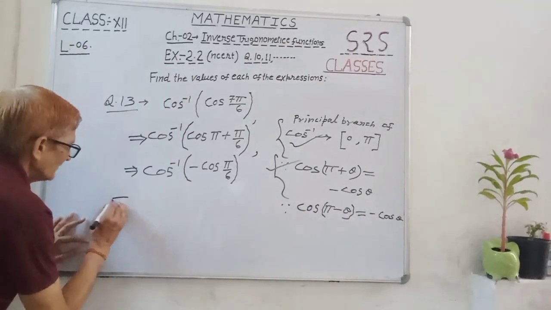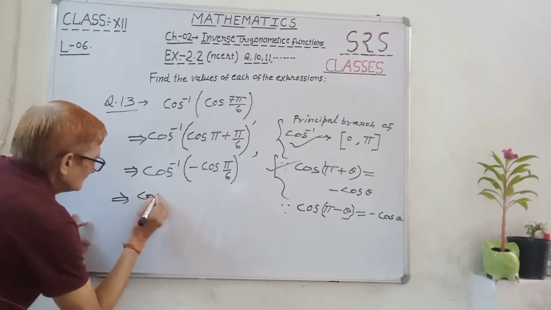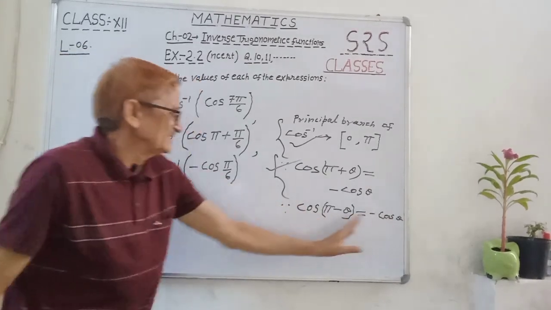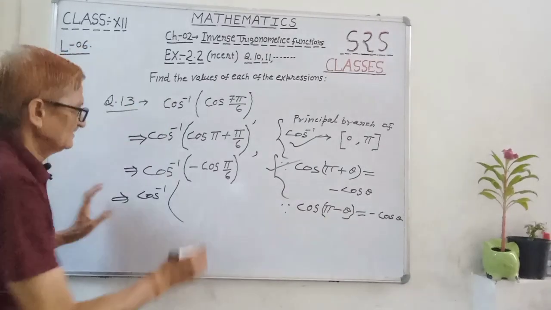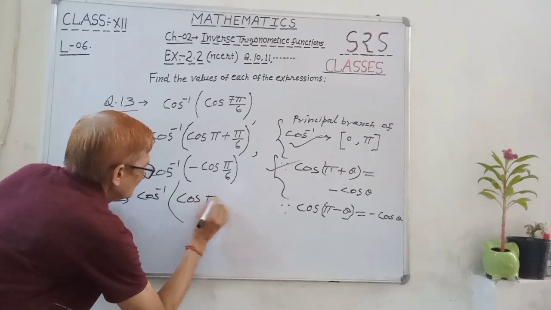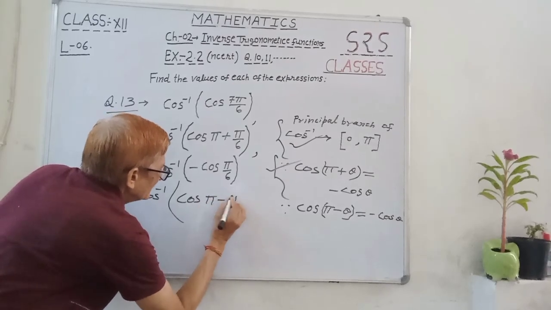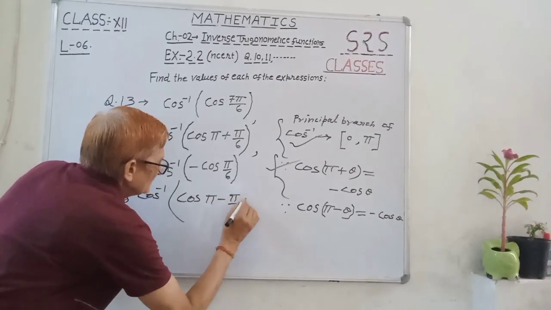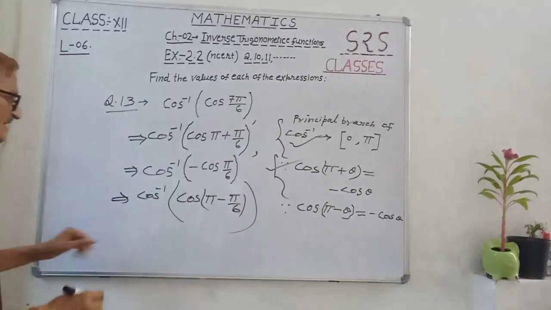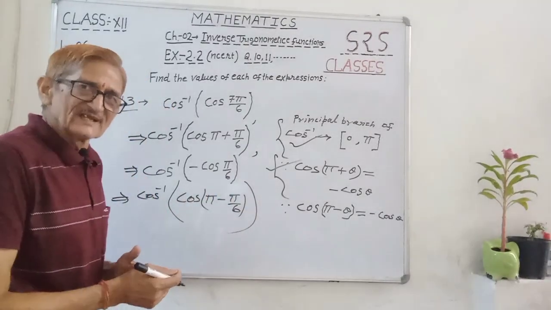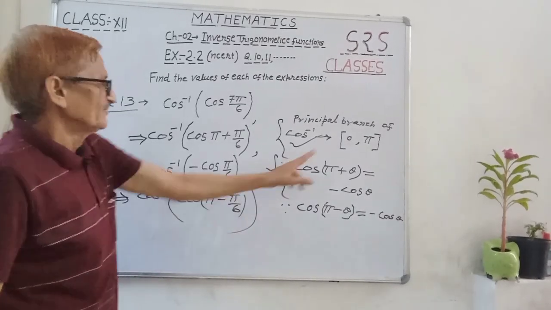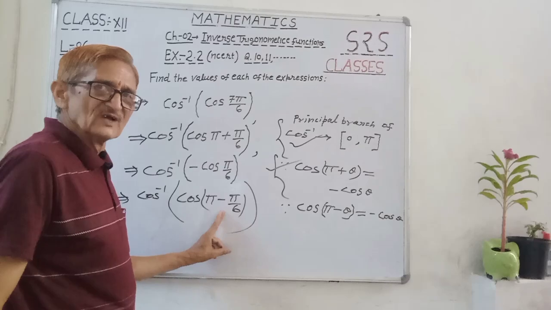By this formula, cos inverse of minus cos theta is equal to cos inverse of cos of pi minus theta, where theta is pi by 6. Now cos of pi minus pi by 6 is in the second quadrant, so as it is in the branch, we do not use the formula again.